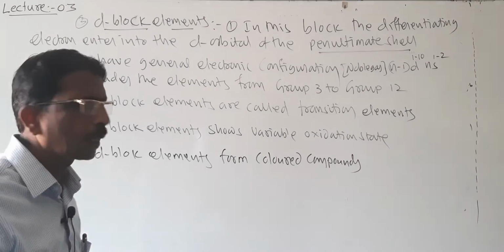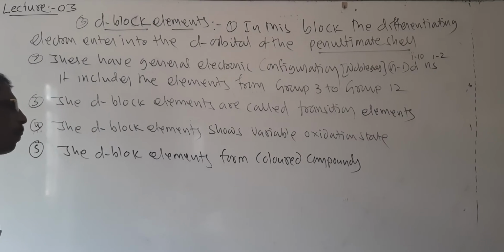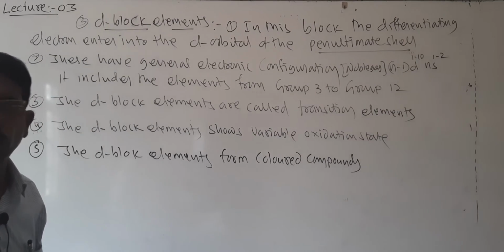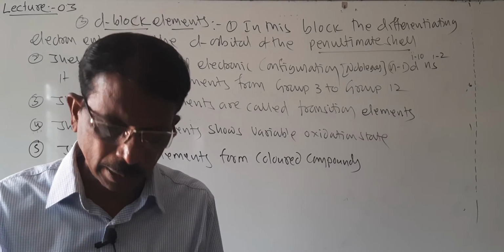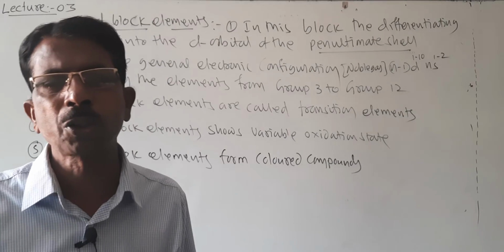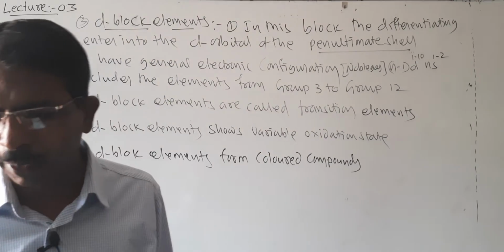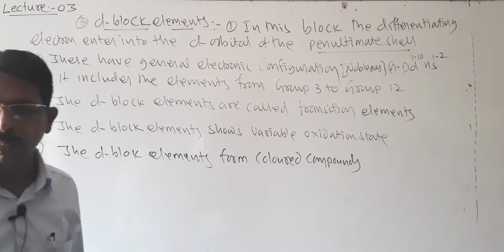And cobalt complex compounds form pink color. So the D block elements form colored compounds, and these form ionic, covalent and coordinate bonds. Understood?